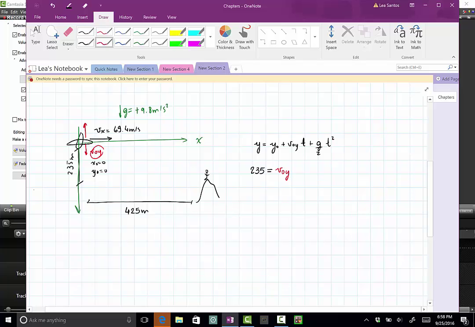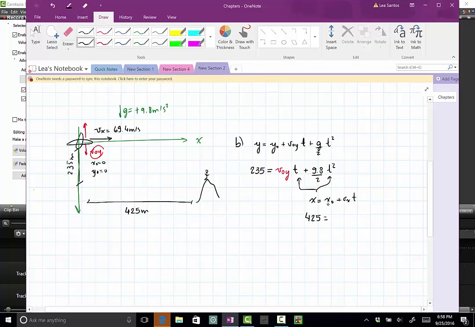Now comes the issue with time. Time I don't have. If I knew the time, I could solve this equation. So where can I find the time? So let me put the whole thing, 9.8 divided by 2 t squared. Well, to find the time, I can go to the equation for the horizontal motion, x equals x naught plus vx t, because the final x I know is 425.